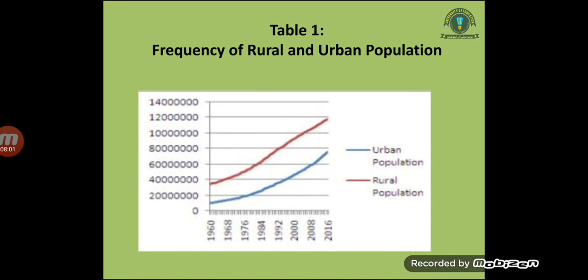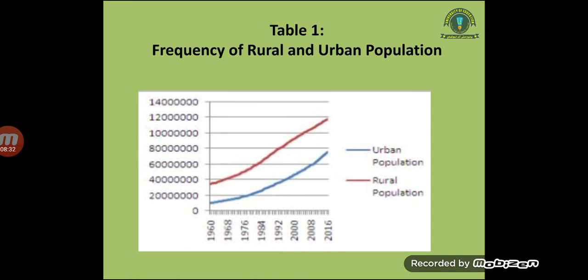The chart which I mentioned in the shape of a table is basically a frequency of the population. You can see that the blue line does not progress too much, but the red line shows rapid progress in the population.